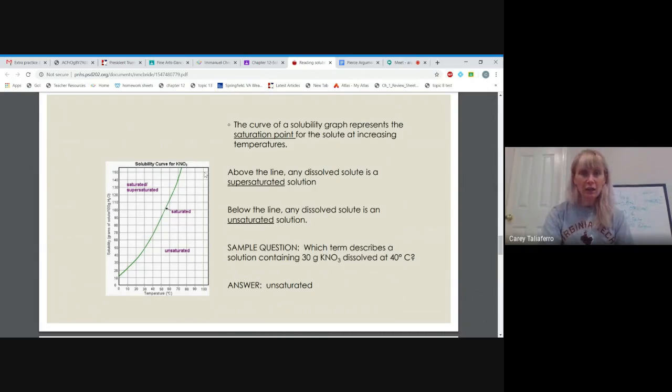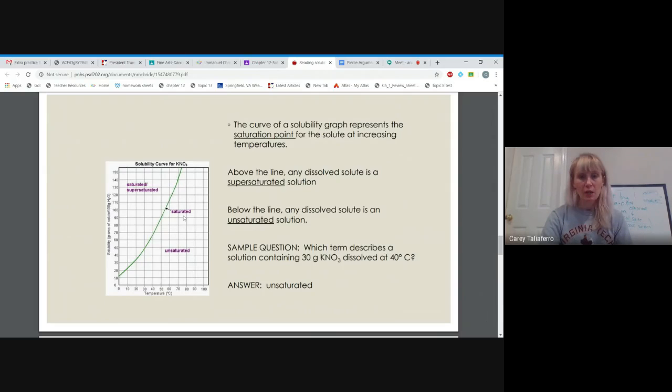Anything on this line, the green line here, represents a saturated solution. Any circumstances down here, whether it's mass or mass and temperature, that would allow you to fall to the right of that green line means it's unsaturated. Anything over here that's dissolved would be a supersaturated solution.